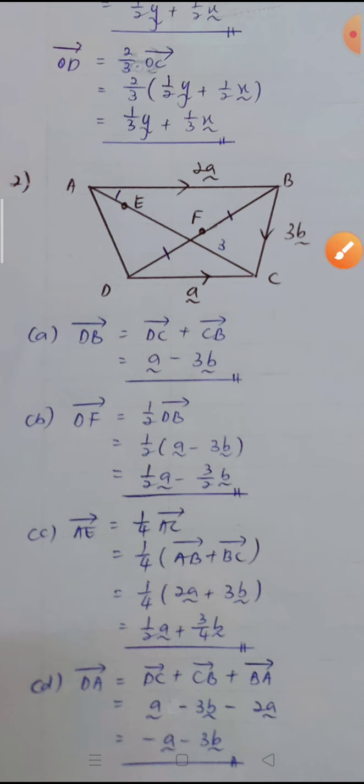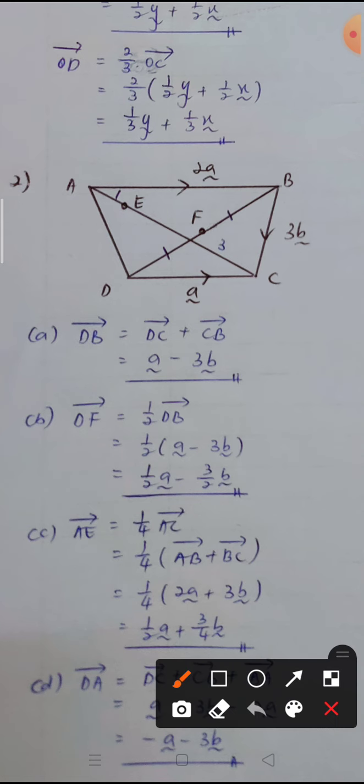Next, we have question C, vector AE. So how to get AE? Based on the given info, we knew that AE is 1 over 4 of vector AC. Vector AC is here, vector A to C. So we need to find out how to form vector AC.